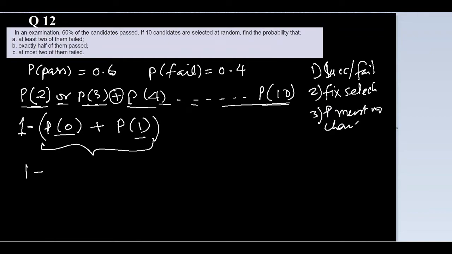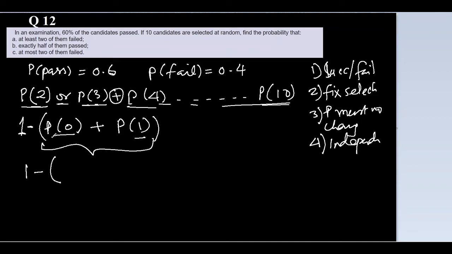It is 0.6 for passing, 0.4 for failing throughout. And number 4, the events should be independent. That means the chances of one person passing or failing does not affect the chances of another person passing or failing. So independence is there. So all 4 conditions are met. We can use binomial probability in this one.